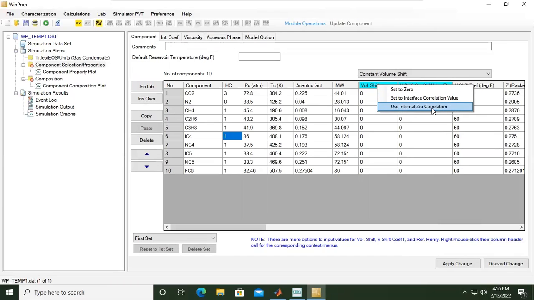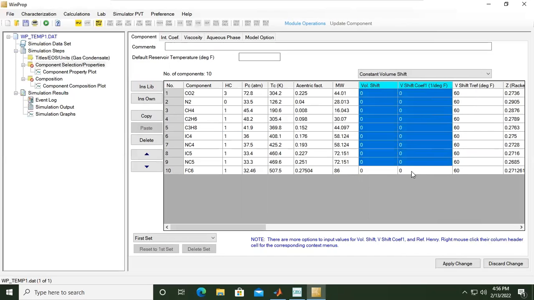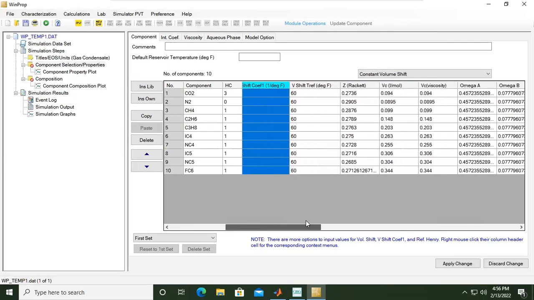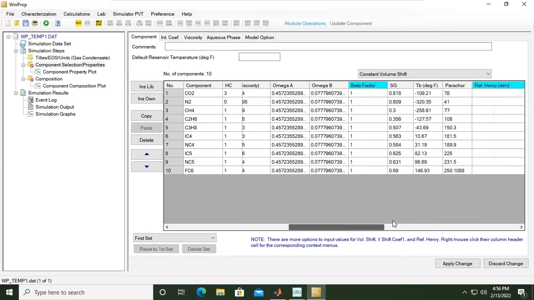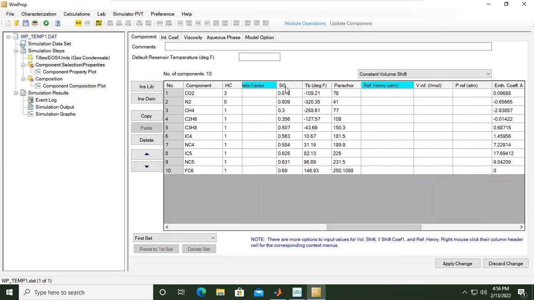If you are not familiar with it, I recommend you to start simple. So we will use default numbers, okay? And then this one, volume shift, Z factor, okay? And then this one, viscosity, omega A, omega B, beta factor, specific gravity.